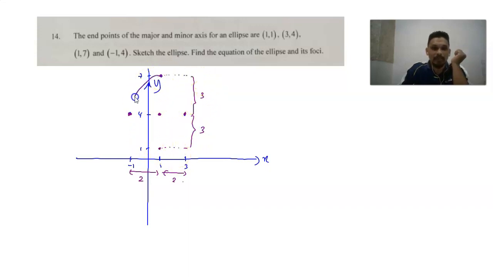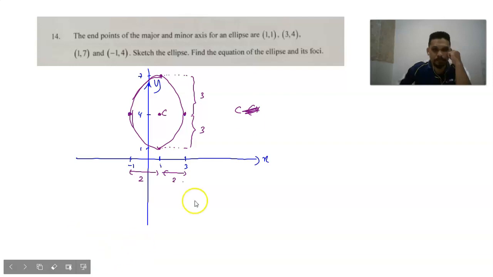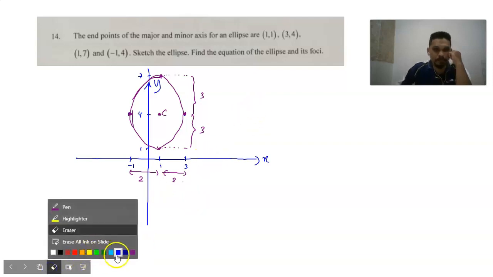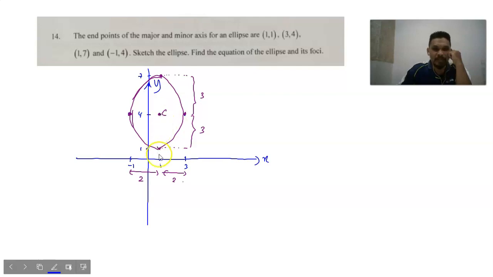Then the graph of this one is something like this. The center of this ellipse is 1 and 4.